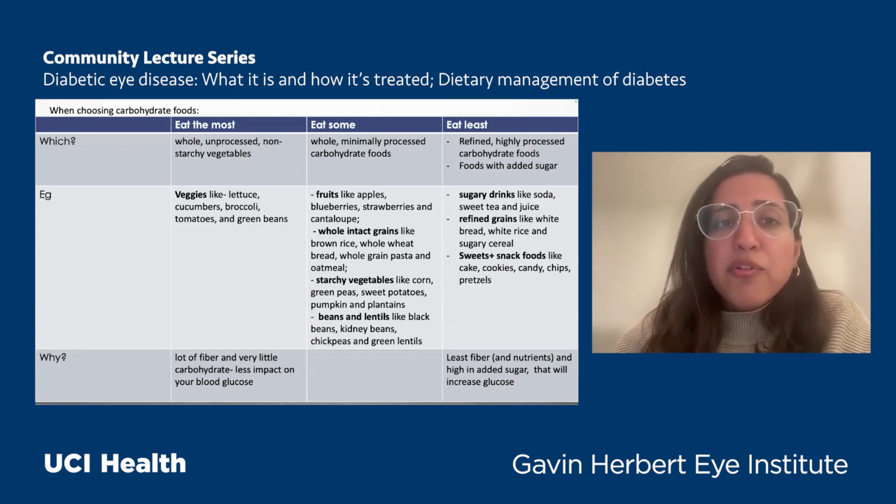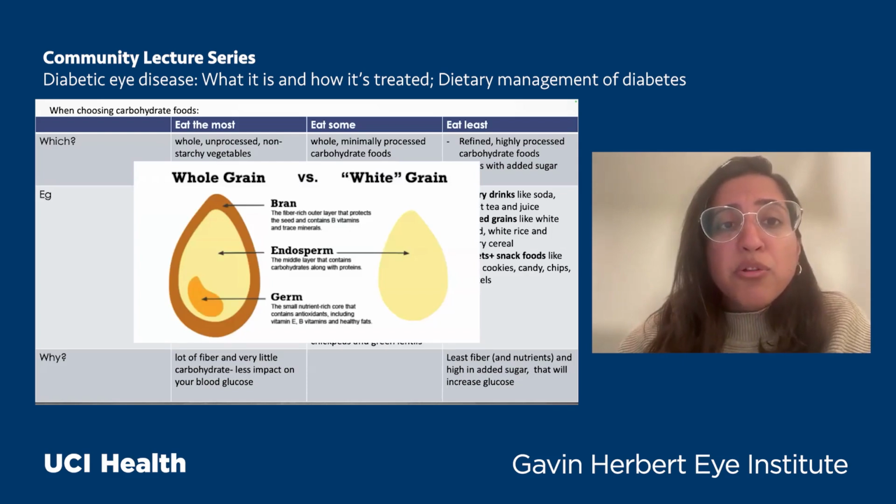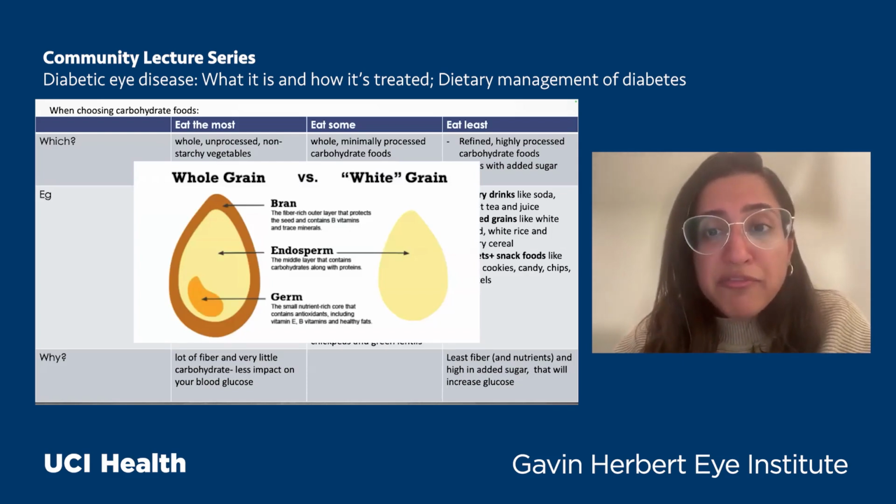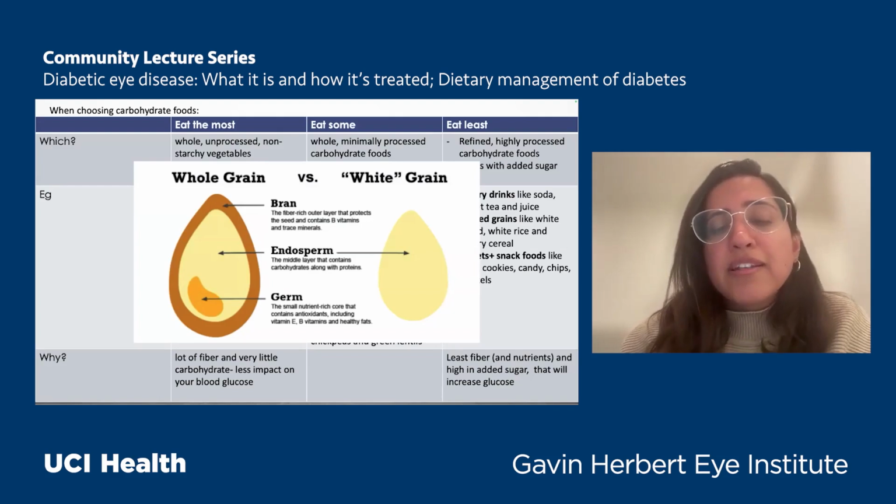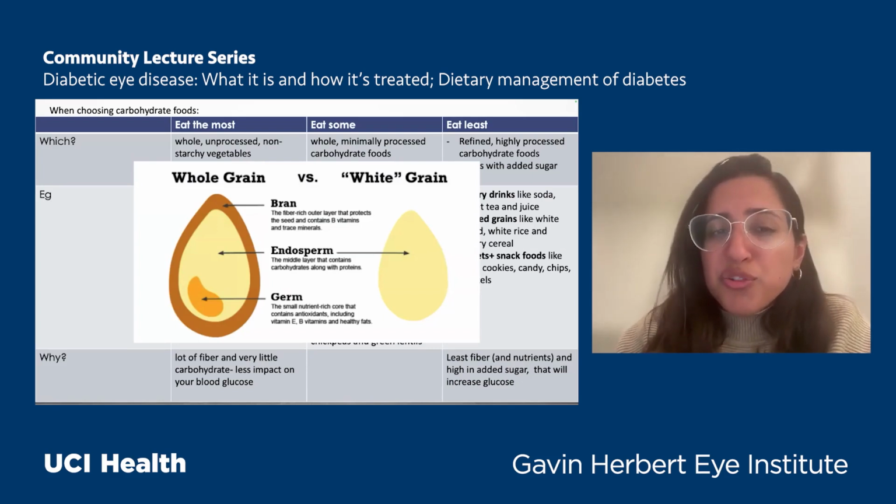Eat some of whole, minimally processed carbohydrate foods. So this includes fruits, whole grains, and just as an aside, the difference between a whole grain versus a refined grain is that the whole grain contains the outer layer, the bran, that's really rich in fiber and it slows down digestion of the carb. It also contains the germ, which is the nutrient-rich core that contains all the phytonutrients, the antioxidants, along with the starchy part, which is the endosperm.